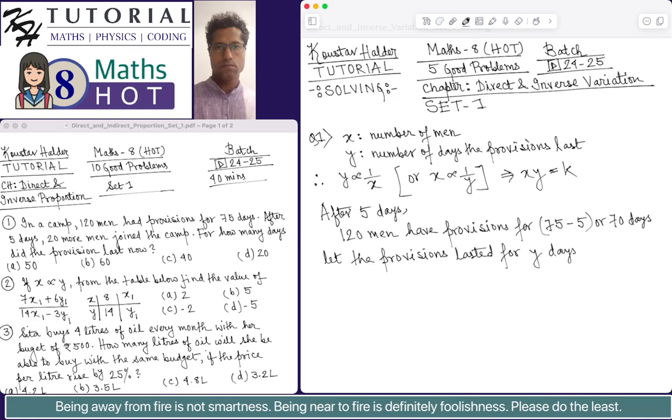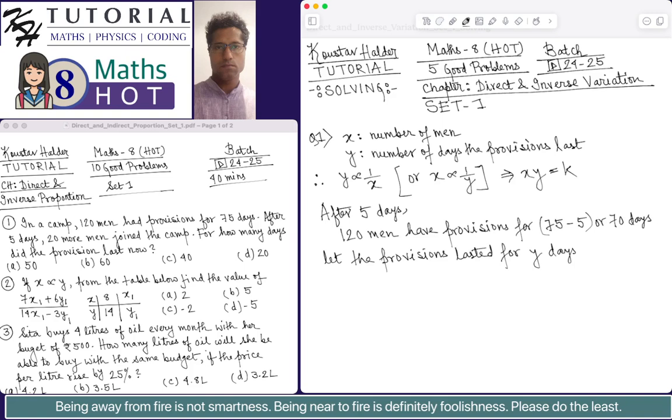So after 5 days, we know that 120 men have provisions for 70 days. Now the question is, if 20 more men join the camp, then for how many days will the provision last?